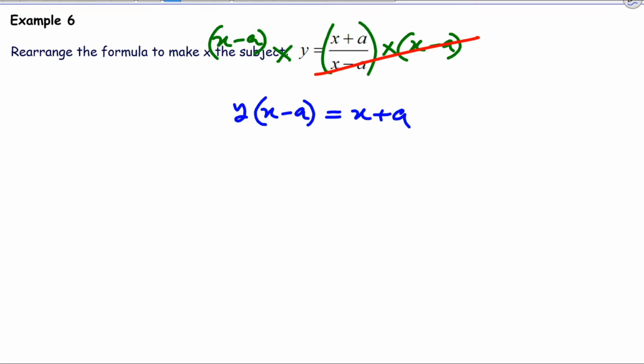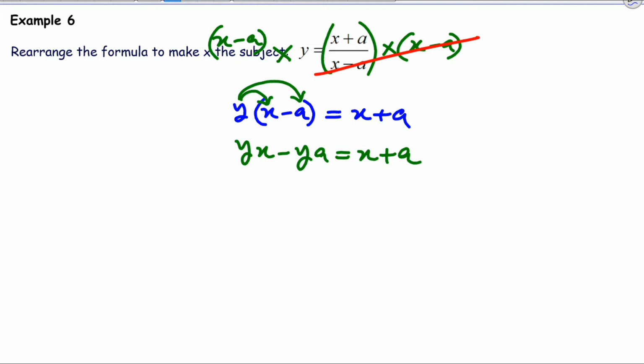From this equation, what we can do is start by getting rid of the brackets, multiply these guys out. So yx minus ya will be equal to x plus a. And then the opposite of subtracting ya is adding ya.